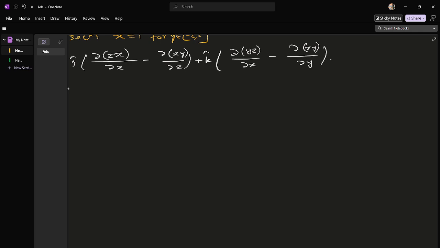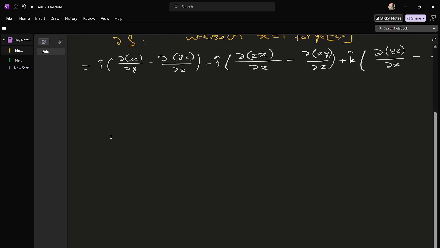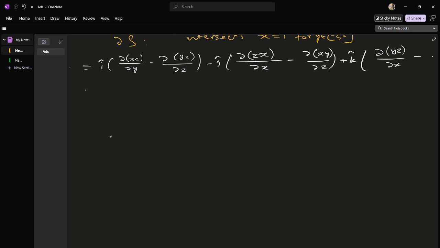Okay, then what will we get? This will be our 0, and it will be y, as y will be constant. Then it will be z minus 0, plus k cap will be 0 minus x.